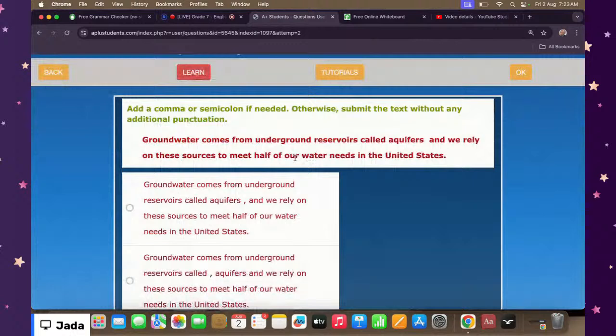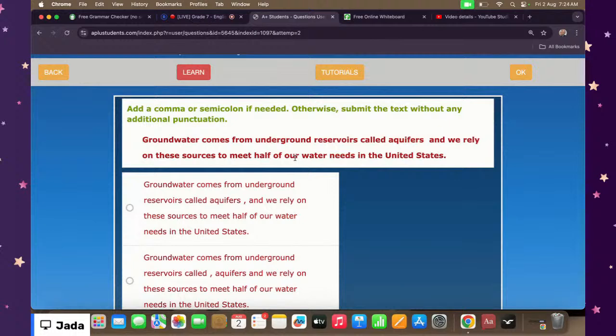Otherwise, submit the text without any additional punctuation. Okay, so groundwater comes from underground reservoirs called aquifers, and we rely on this source to meet half of our water needs in the United States.